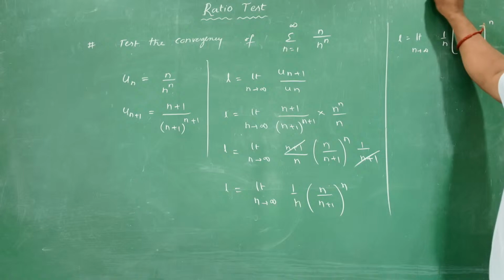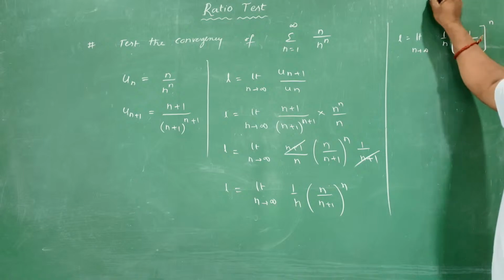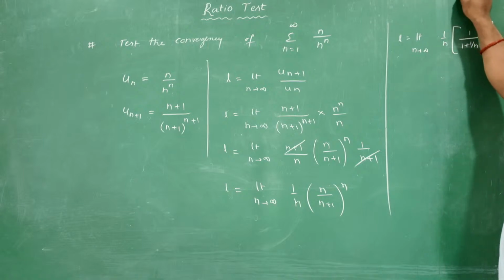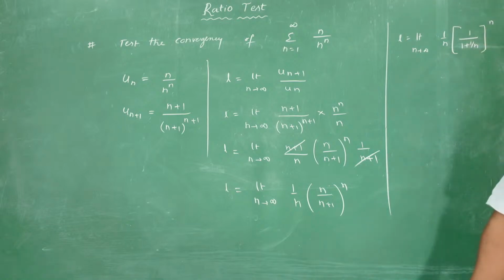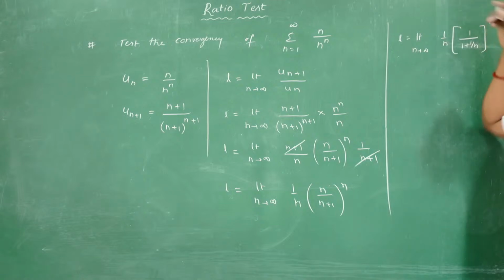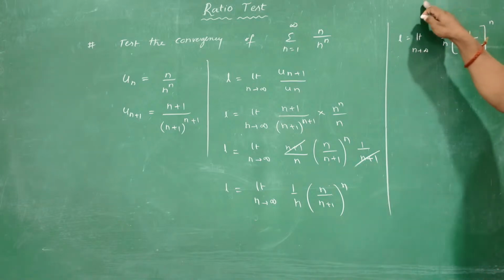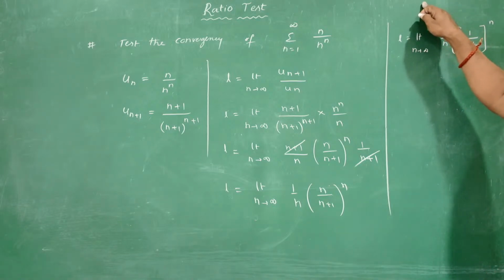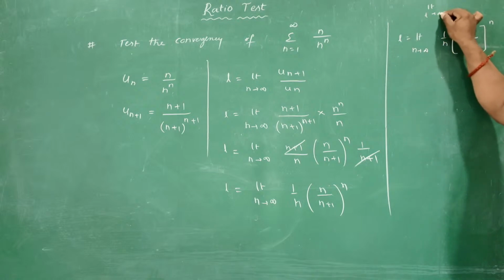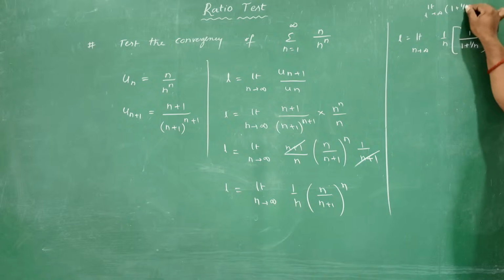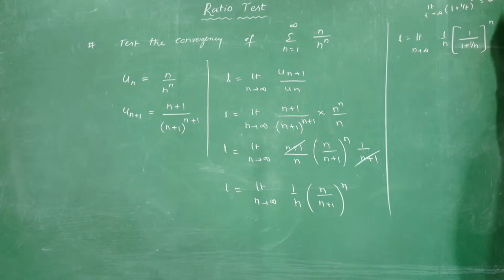In intermediate, you have the formula limit x tends to 0, 1 plus x whole power 1 by x. This is equal to e. You know this. Suppose x equals 1 by t. Then limit t tends to infinity, 1 plus 1 by t whole power t. This is e.